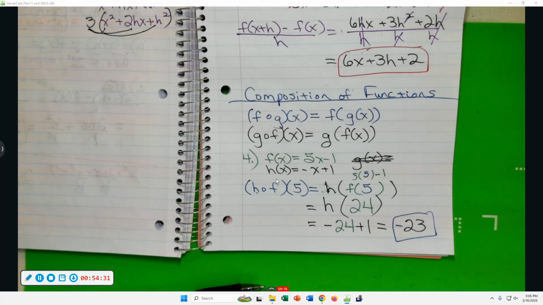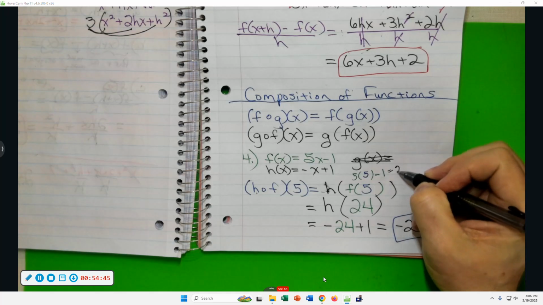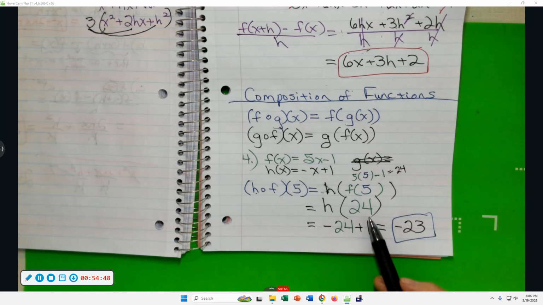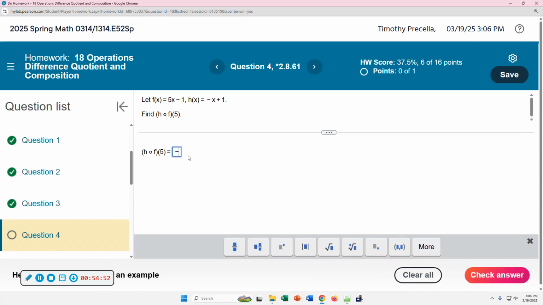Take this number, plug it into f, and we got 24. Then take 24, plug into h. That 25 minus 1 gave me the 24, and the final answer is negative 23.